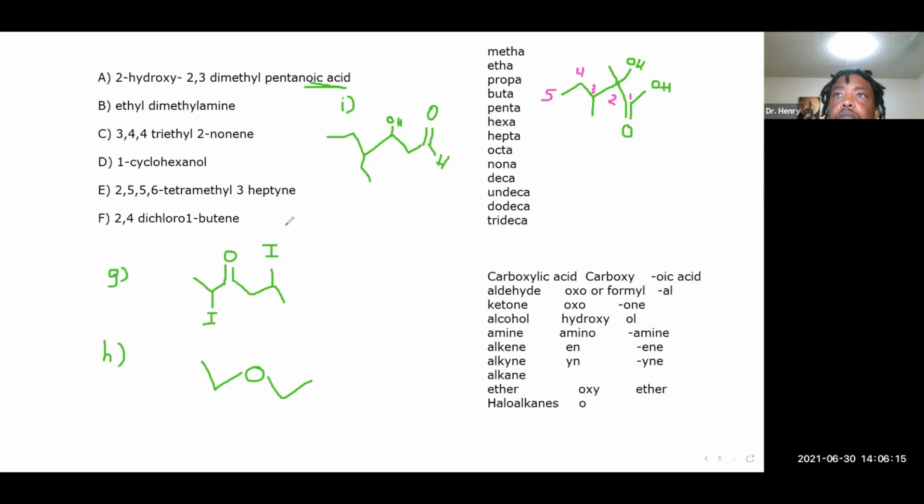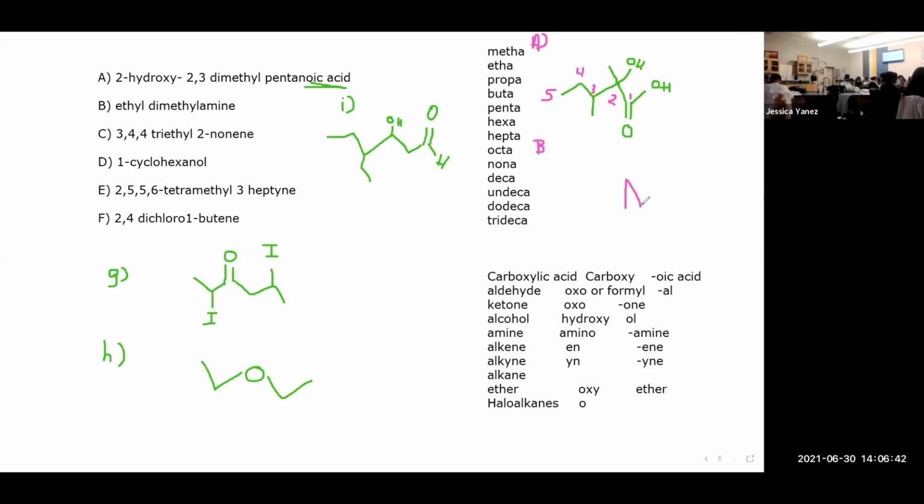Okay. What about B? B, you have NH. I have what? NH. N? You said N? NH.